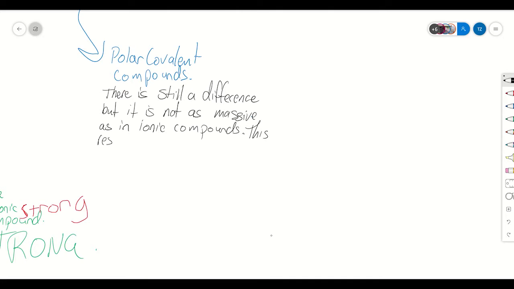This results in uneven sharing of electrons. So when we have an uneven sharing, that's like when you get a Mars bar and you snap it and it's like, I want the bigger half. What's the problem with wanting the bigger half?